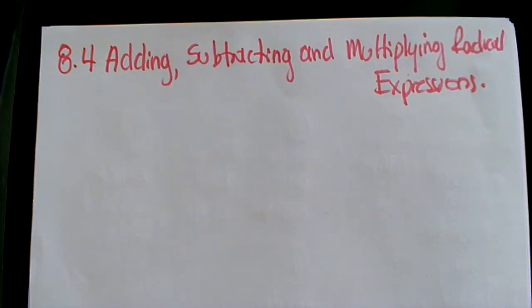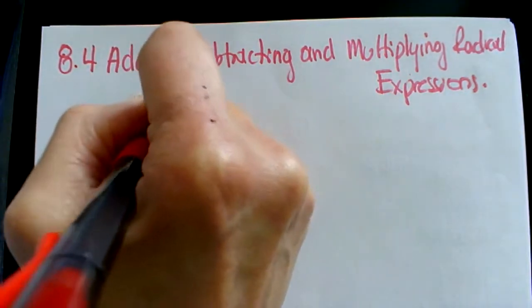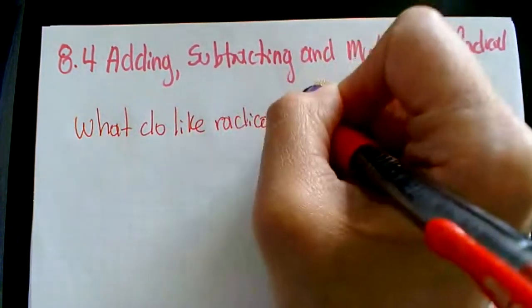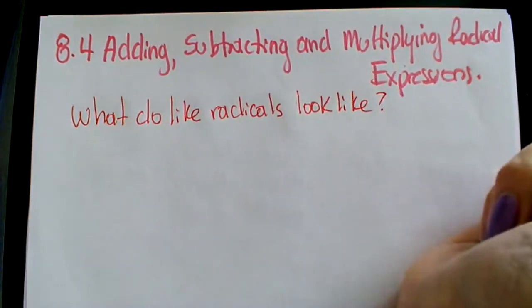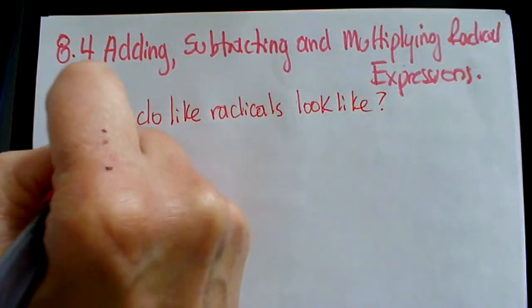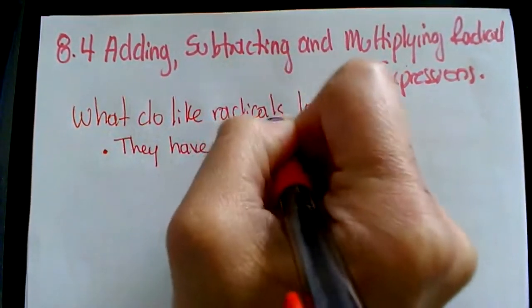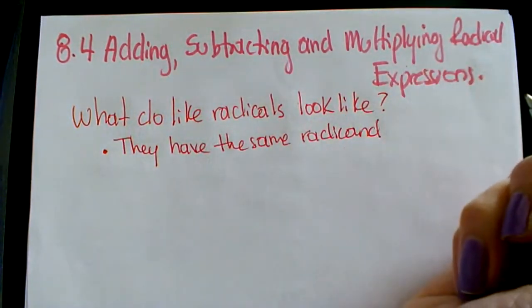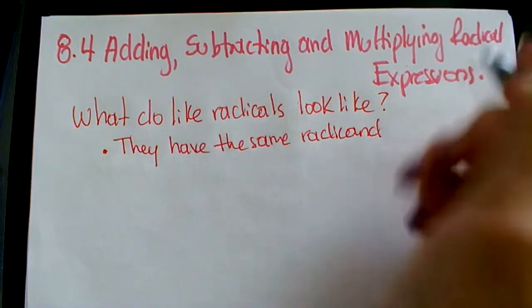So what do like radicals look like? First, they have the same radicand, meaning it's the quantity under the radical or the root sign.